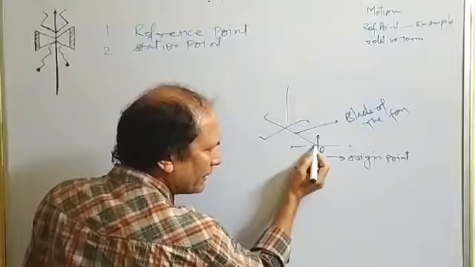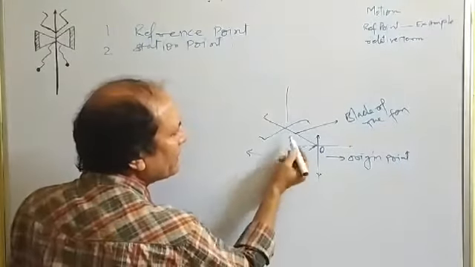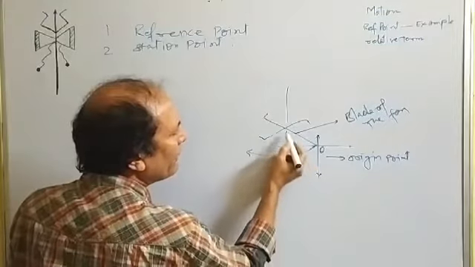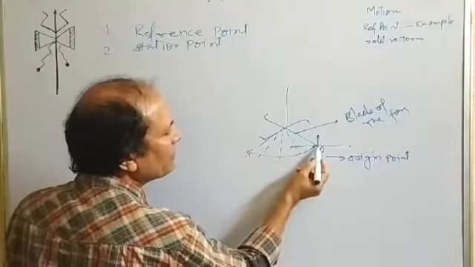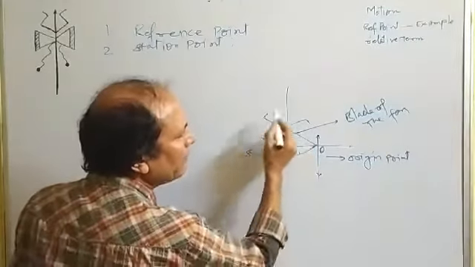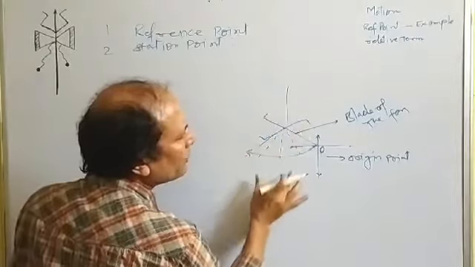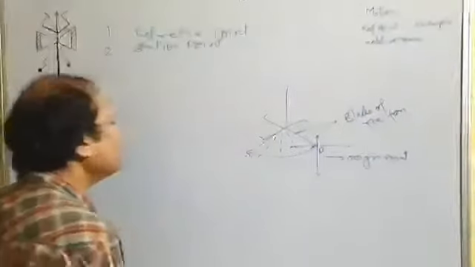And when this fan starts its motion, this fan is continually changing its position with respect to this origin point. So we can say that for the motion of this fan, this is the origin point.